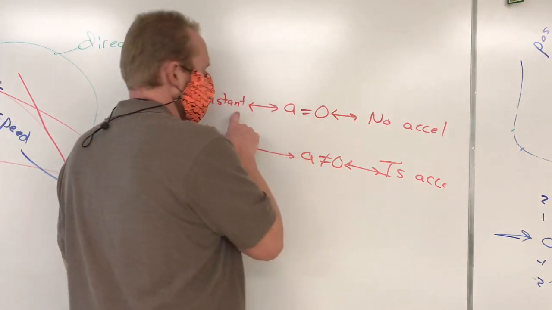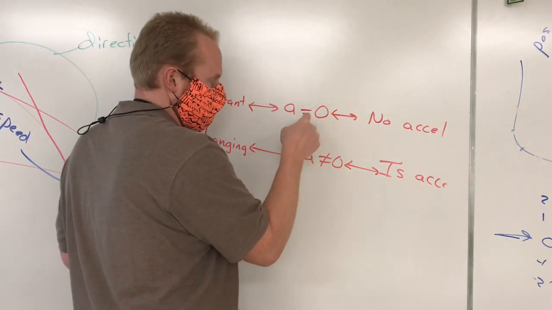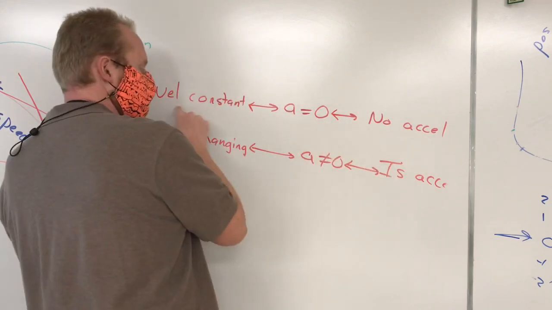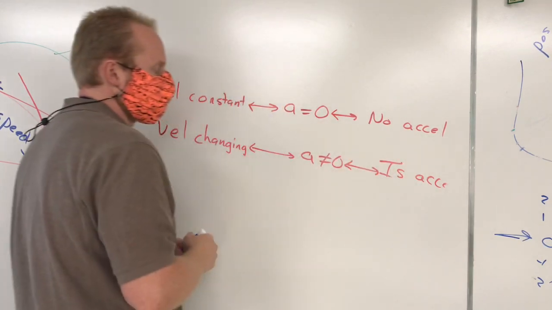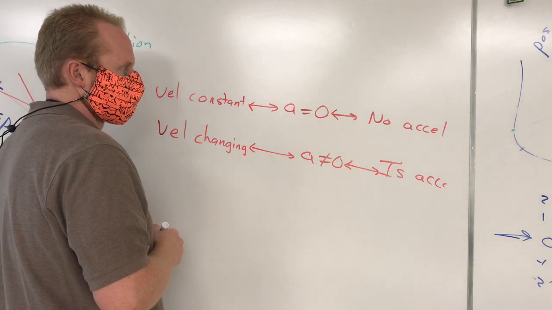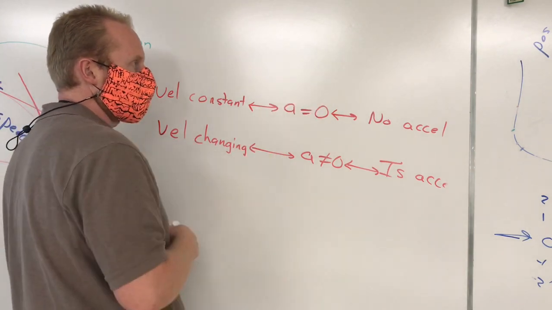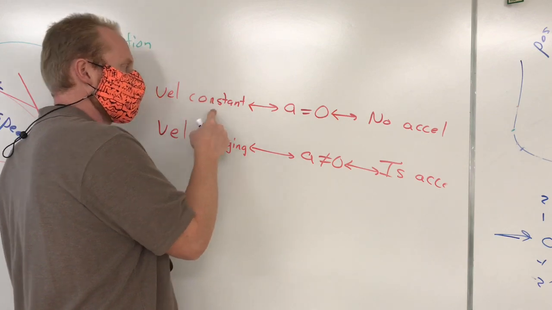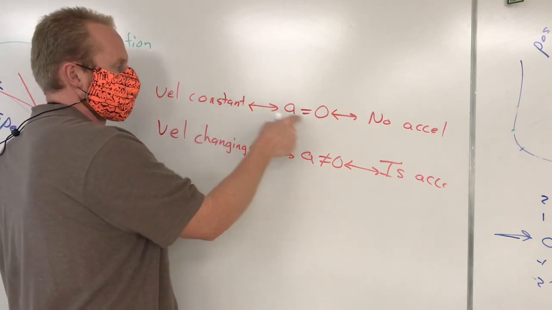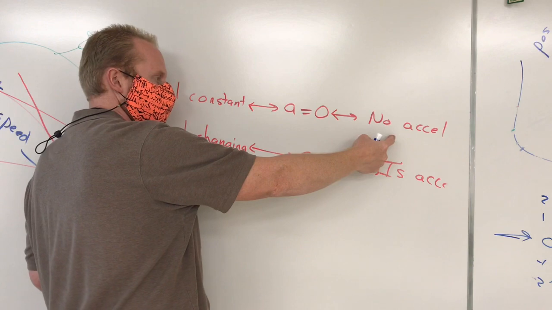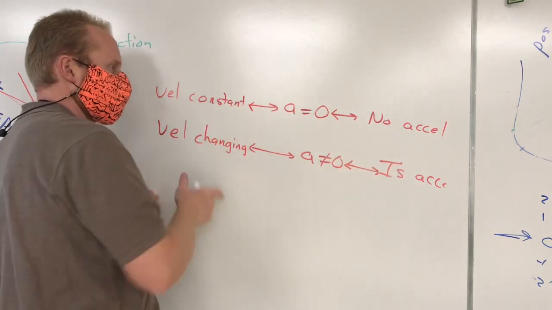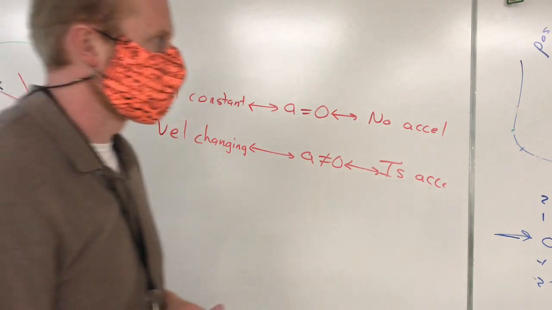If one of these 3 statements is true, all of those 3 statements are true. So in that graph, we said the velocity was constant because it was a constant slope. That means my acceleration is 0, or there is no acceleration. Or you could say that because there is no acceleration, my velocity is constant. Either way you want to think about it. Okay.